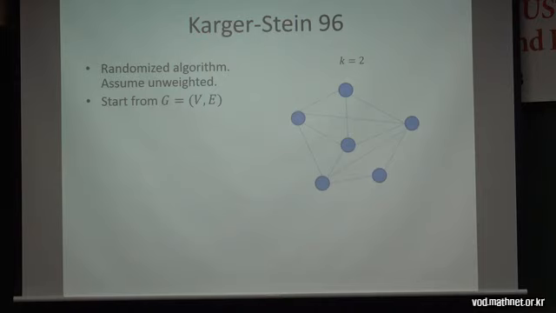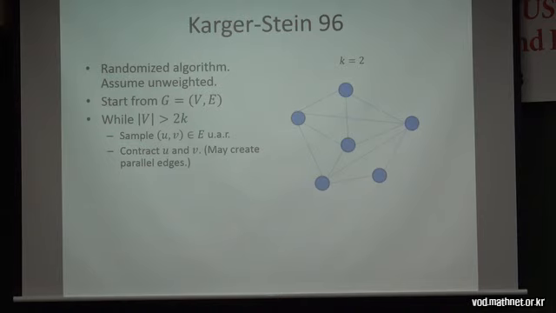In the beginning of the process, we start from the original graph G, and then run a while loop. While the current graph has strictly more than 2k vertices, we sample a random edge and just contract it.